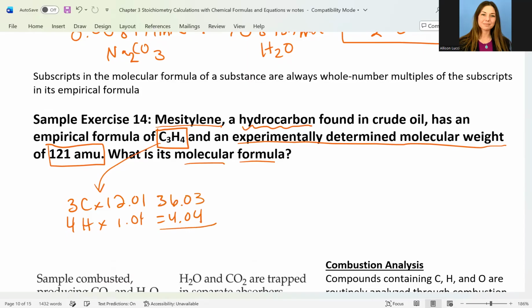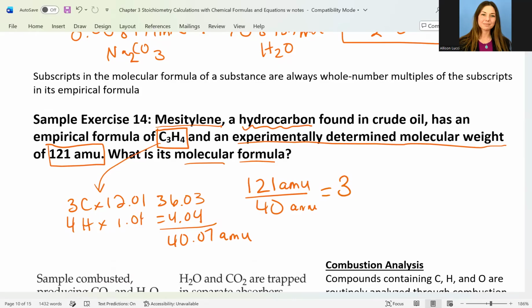So we have this empirical mass, as we can call it, that is about 40.07 atomic mass units. And if we find a ratio of the molecular weight to this 40 atomic mass units, we find that it's about a 3 to 1 difference.